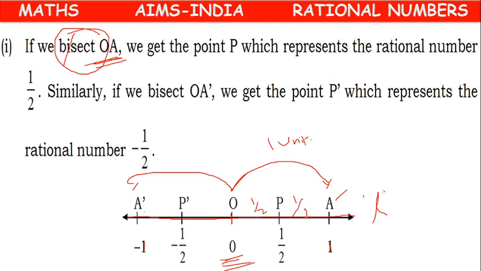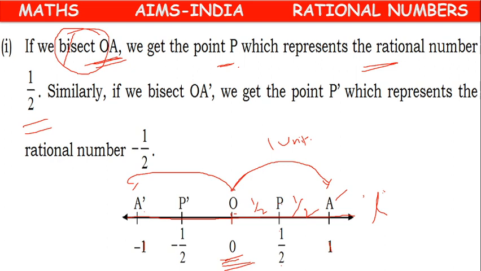Because one is becoming two equal parts, this distance will be half and this distance will be half. So if you bisect OA, we get a point P which represents the rational number 1 by 2, because the distance O to P is 1 by 2. So we keep the P point value as 1 by 2.